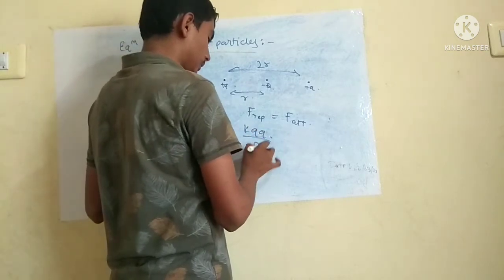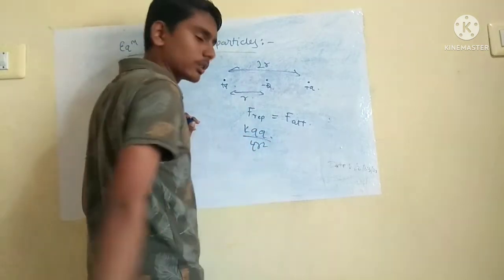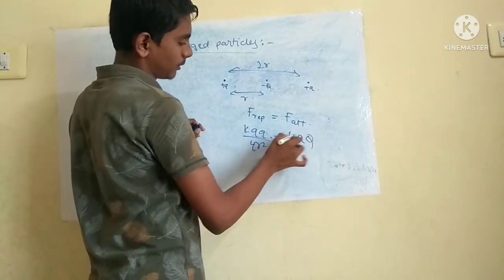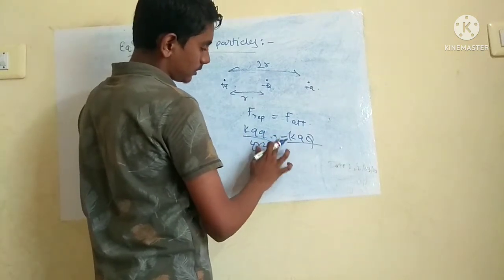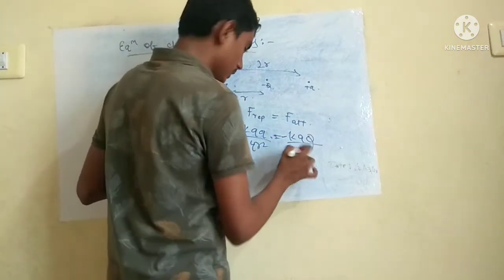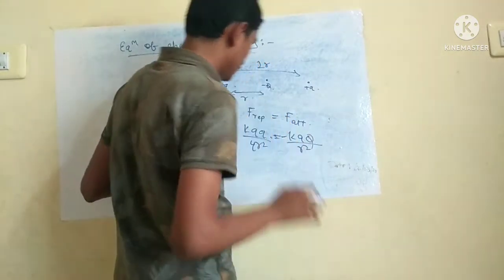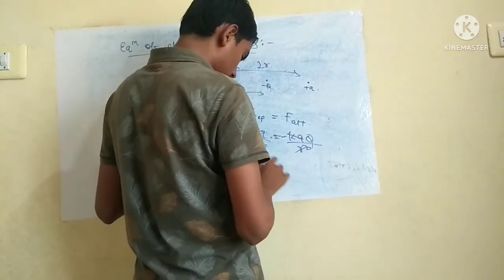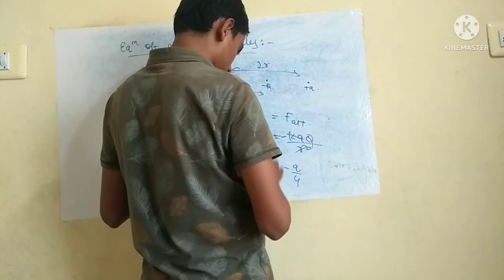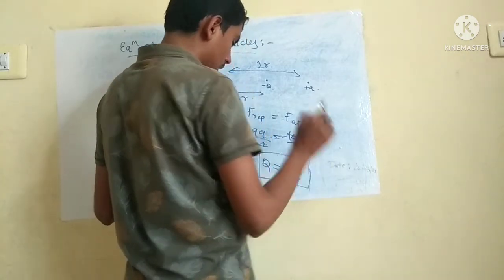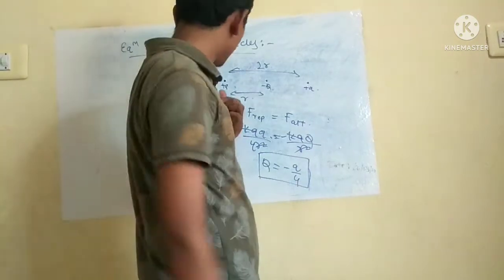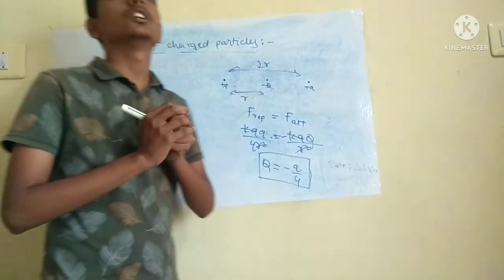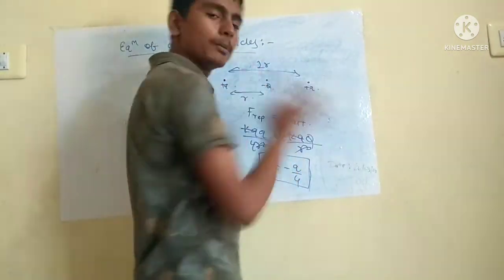Q into q by (2r) square, 2r whole square means 4r square, will be equal to q into -q by r square. Now cancel this, q cancels, r square cancels. Transfer this minus here. The q will be equal to minus q by 4. The magnitude of this charge is minus q by 4. Okay, if you bring here minus q by 4 charge, then they will be in equilibrium.